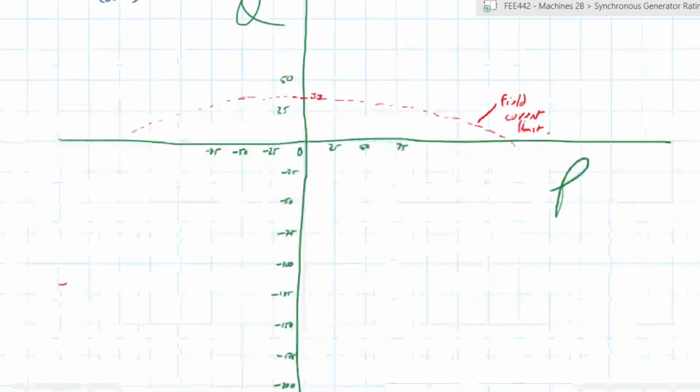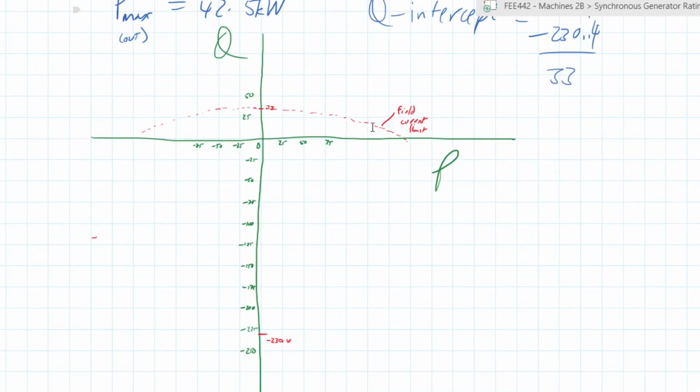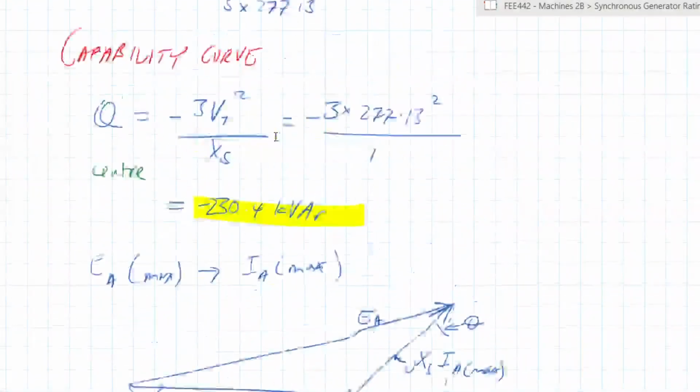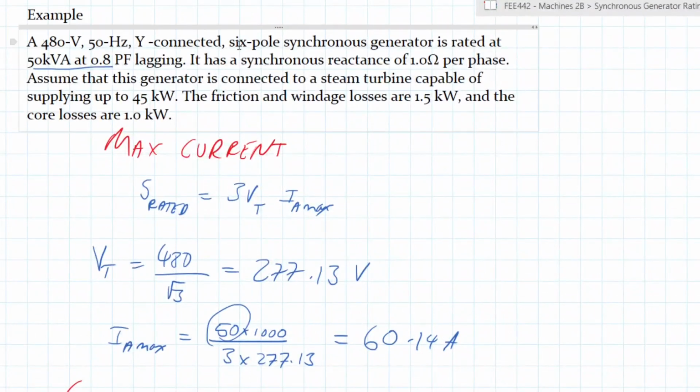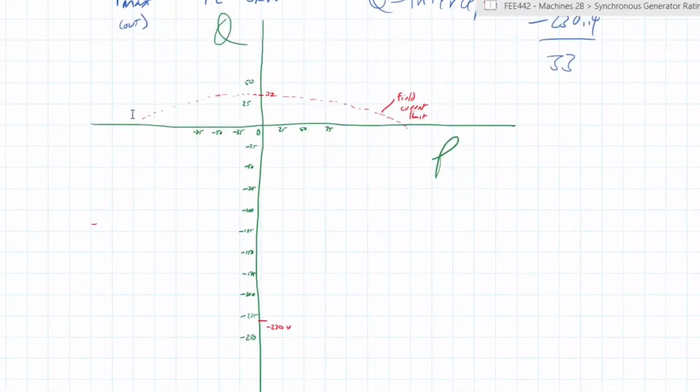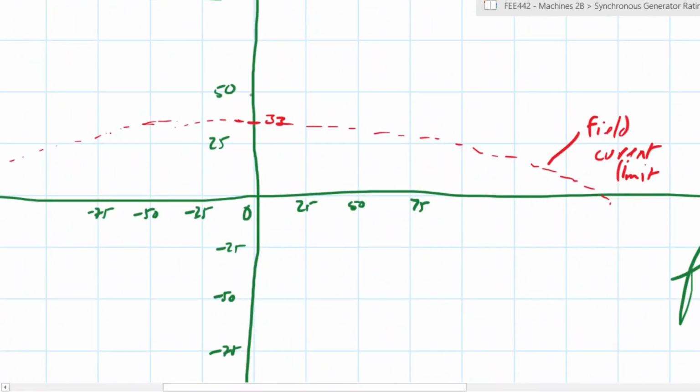Right. Next, we look for the stator current limit. And the stator current limit is the limit of the generator itself. So how much power can the generator itself generate, which is 50 kVA. So we will have a circle with a radius around the center of 50 kVA. So it can produce 50 kVA in any direction.